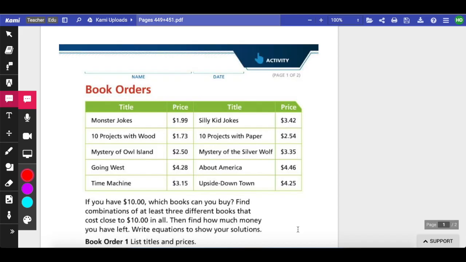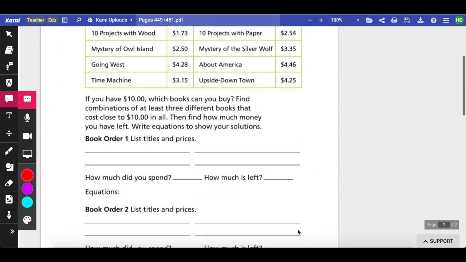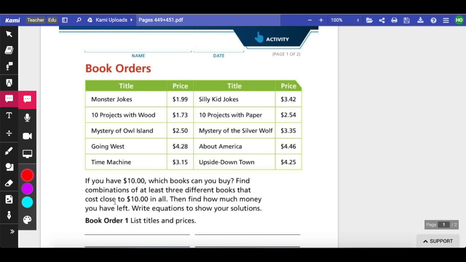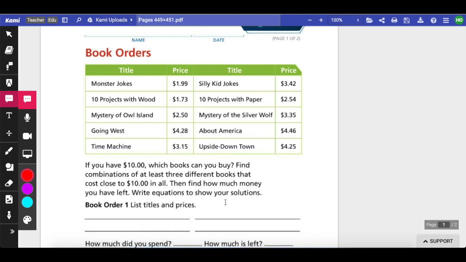Your homework today is pages 449 and 451. For page 449, it's book orders. And the directions are, if you have $10, which books can you buy? So you're going to find combinations of at least 3 different books that cost close to $10 in all. Then find out how much money you have left. So you're going to buy with $10 books from this catalog.